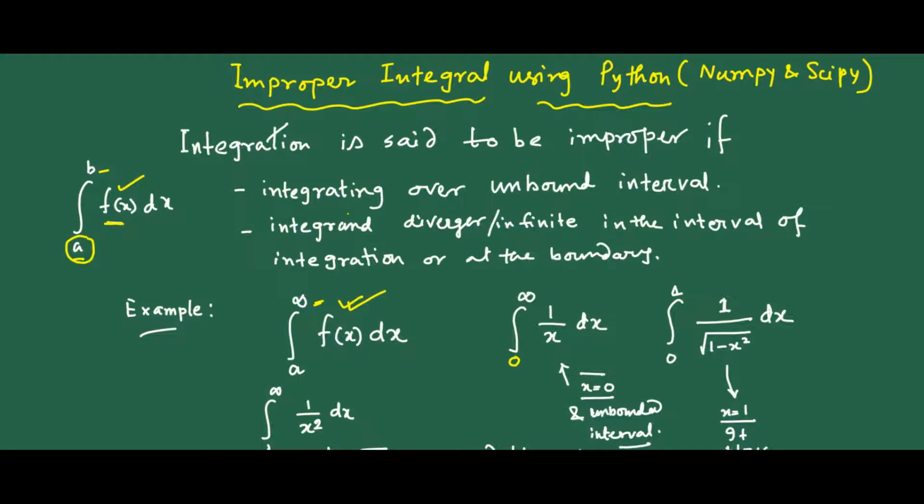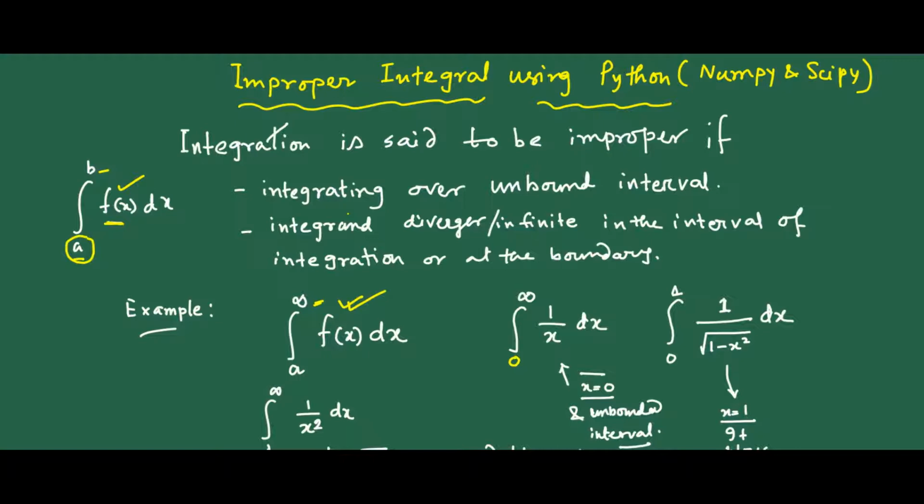The integral from a to b of f(x) dx is said to be an improper integral if it is integrated over an unbounded interval. That means either a is infinity, or b is infinity, or both are infinity. It may be minus infinity to plus infinity, or plus infinity to minus infinity, whatever.